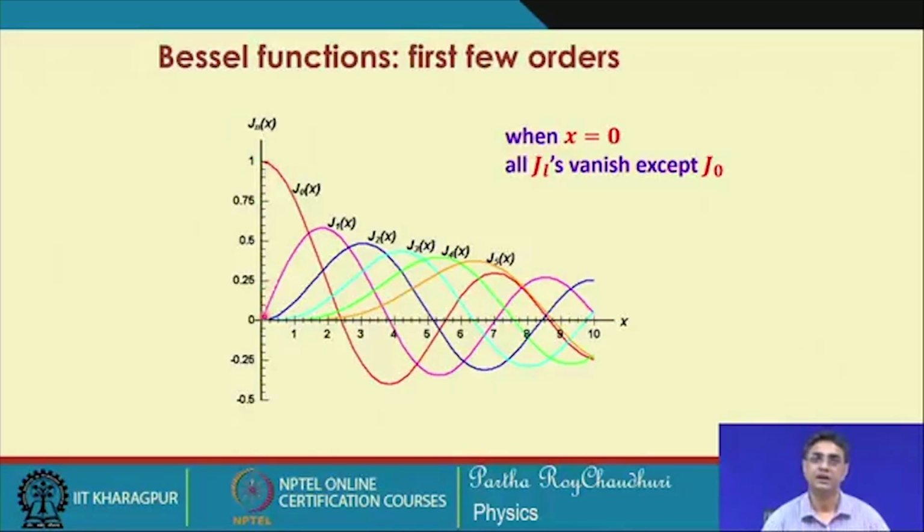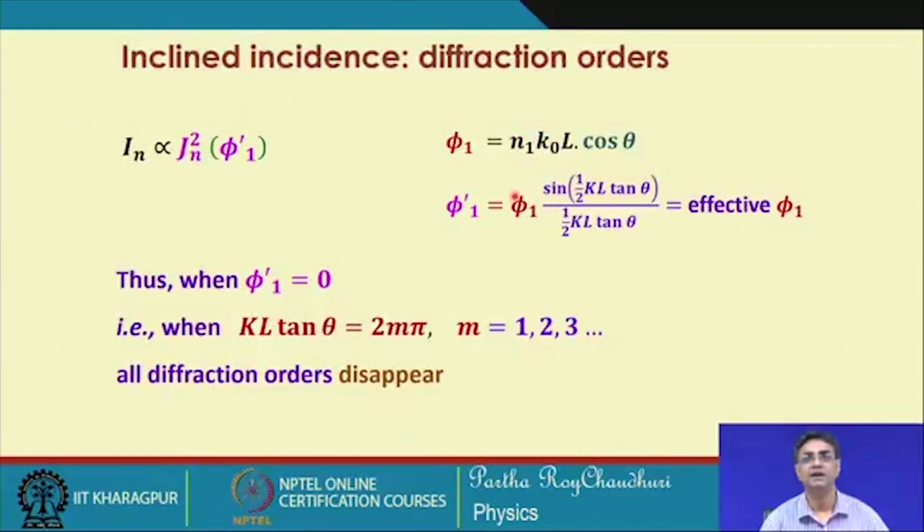So, the acoustic wave is there, the strain is also there, the travelling grating is also formed, everything is present, but if the inclination is such that it satisfies this condition, then we will still get no diffraction; all the diffraction orders will disappear just because of this.